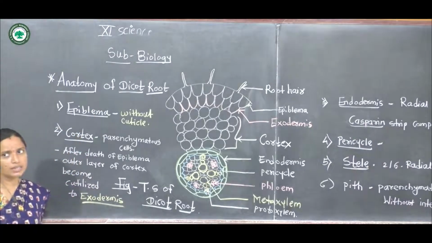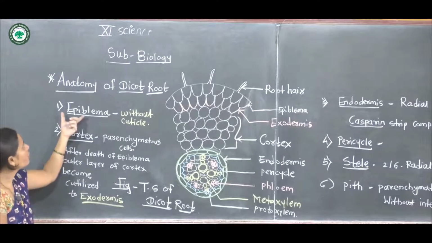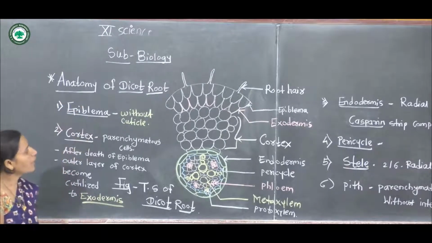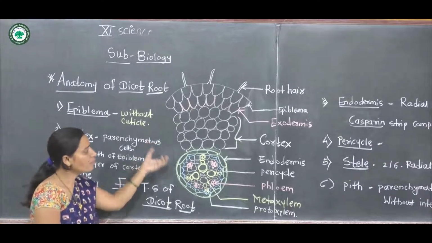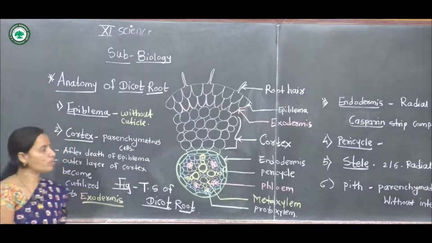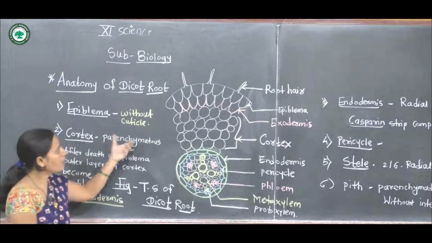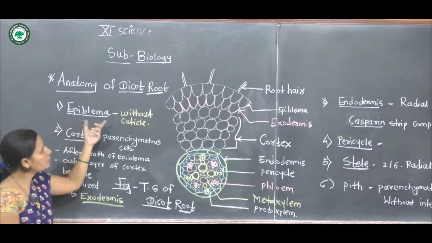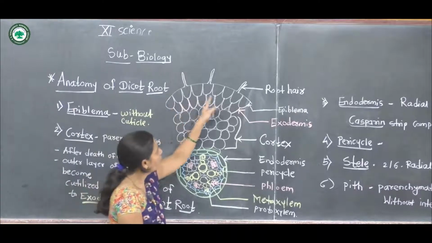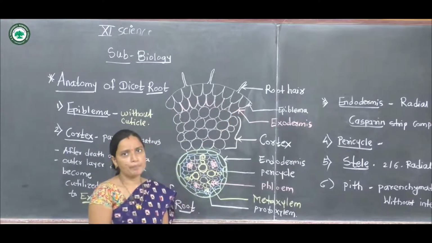In the T.S., the transverse section shows the internal structure, and there are different parts of the internal structure of the dicot root. The first layer is called the epiblema.